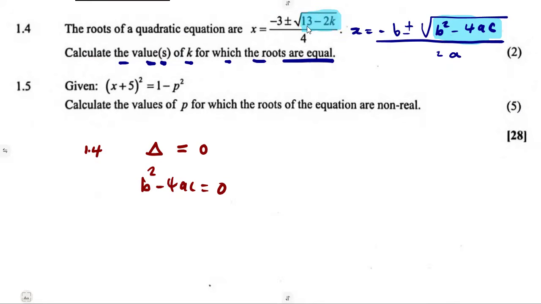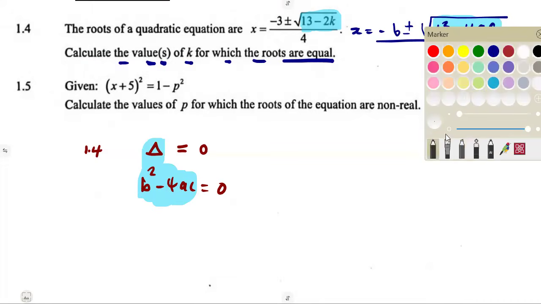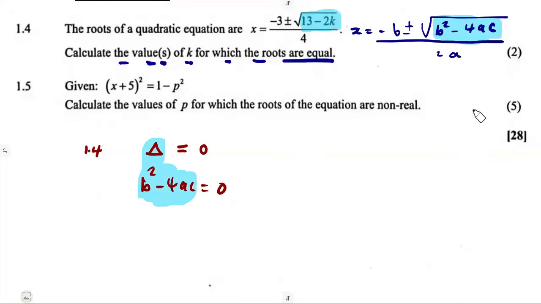That's our b squared minus 4ac. That's our delta. So instead of writing b squared minus 4ac, we are substituting exactly what is representing that according to our question here. What is that delta? It's 13 minus 2k. That is what you're given.